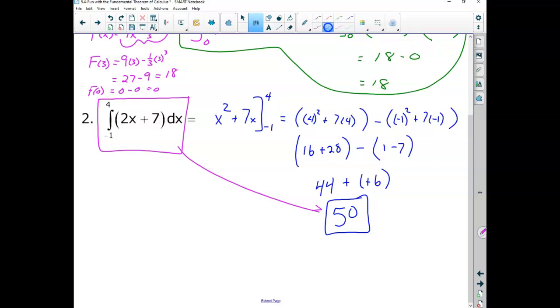And bottom line, we're saying this is some antiderivative. Well, what are you talking about, some? Because really, I could say x squared plus 7x, because really there's that plus c in there, right? So I could say, because it's a vertical shift, it's plus 10 if I wanted to.